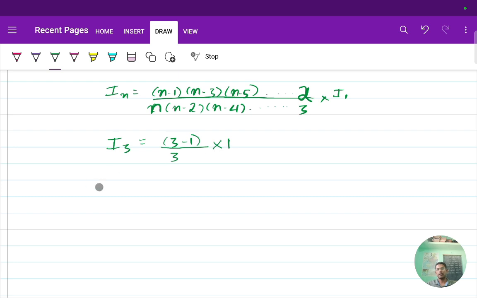Let us simplify this: 3 minus 1 is 2, so 2 by 3. This is the required solution for the given problem.